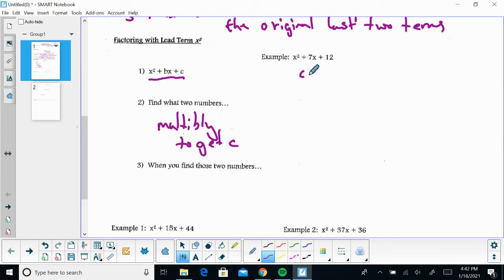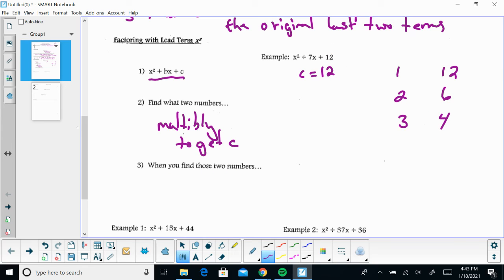In this case, c equals 12. Let's start listing numbers that multiply to get 12: 1 and 12, 2 and 6, 3 and 4. Those are all the numbers.